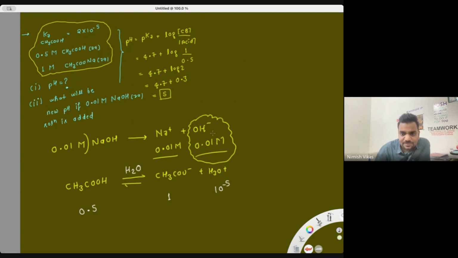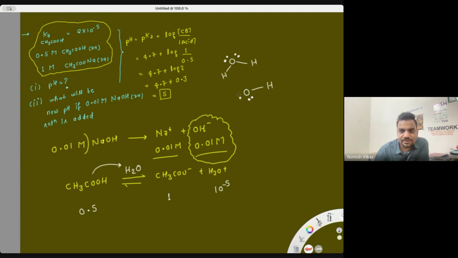But the moment OH minus ion comes to the solution, acetic acid will not react with water. It was earlier reacting with water, losing H plus to water, which was difficult because water is not a good base. Water can act as a base. It has lone pair. It can accept H plus ion. It can offer electron density. But OH minus ion has more electron density.